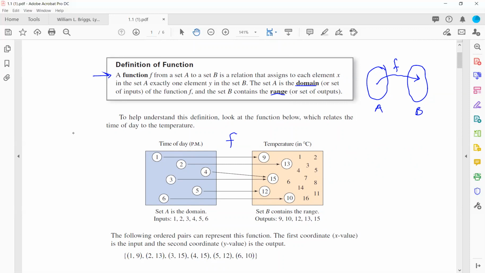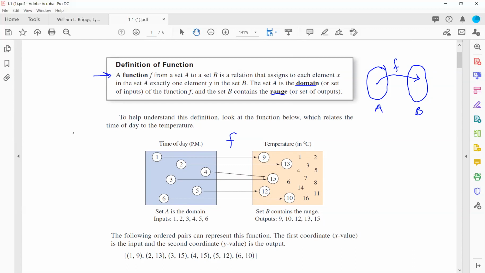Function f takes 3 and also maps it to the same output, 15. Your input value is 3, your output value is 15. Function f takes 5 and maps it to 12. At 5 p.m. the temperature is 12.